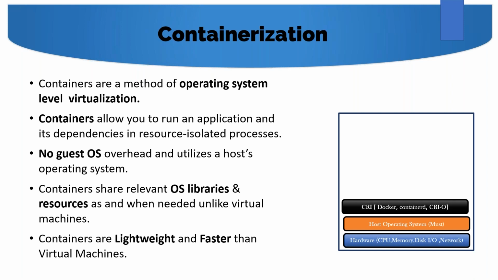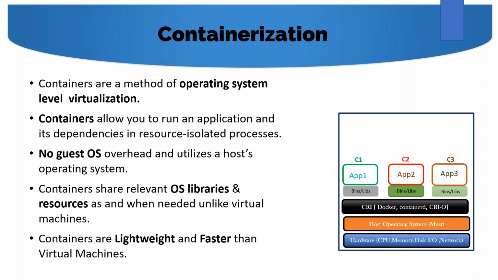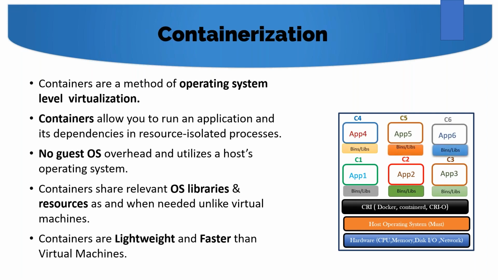So we have different technologies by using which we can run our code, our logic, inside a container. This is how your containers will look like: app1, app2, app3, app4, app5, and then app6.